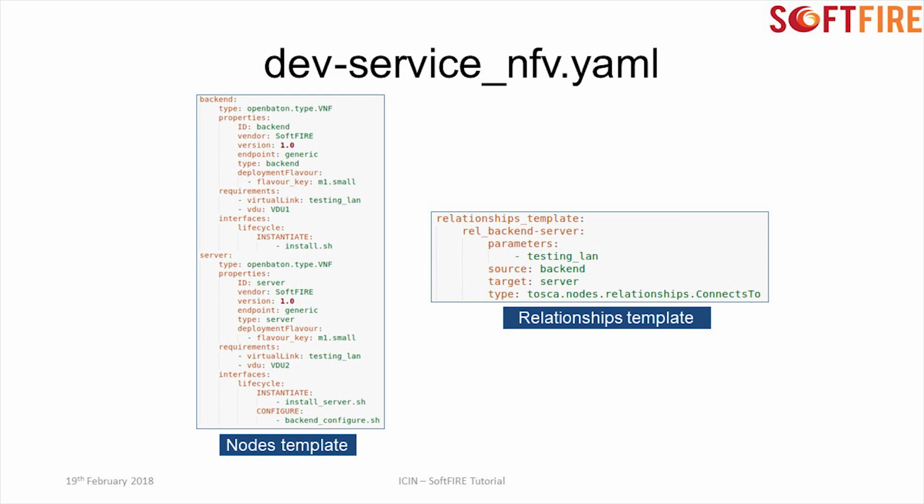Here we can see the custom network service definition. We can see in the left picture the two virtual network functions, that is the backend and the front-end server.